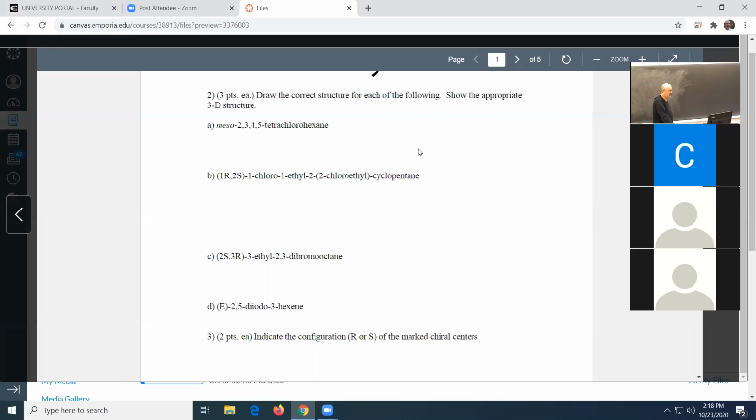Okay, so we have 3-ethyl-2,3-dibromooctane.